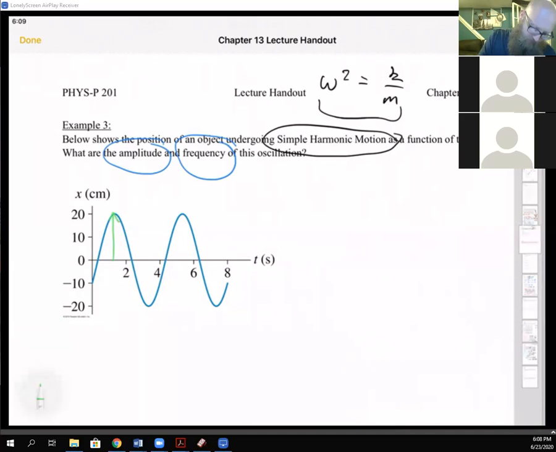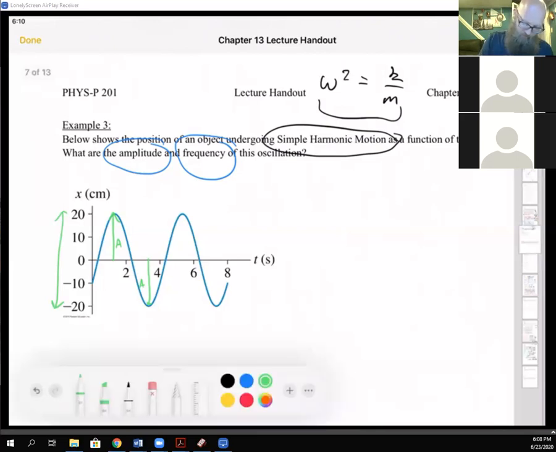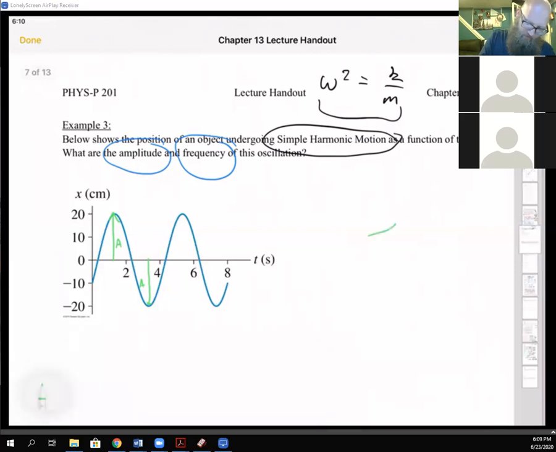So that's my amplitude. Or I could go down this way and call that my amplitude. What I want to be careful of is it's not from top to bottom, it's from top to middle or bottom to middle. So my amplitude is 20 centimeters.